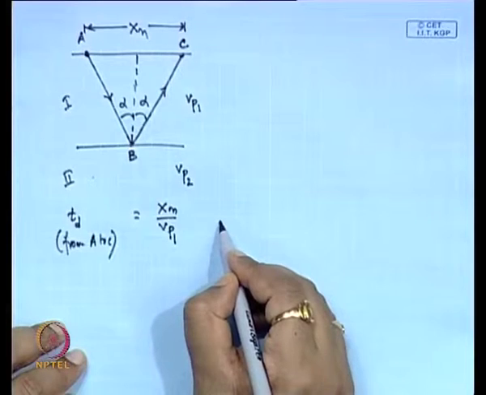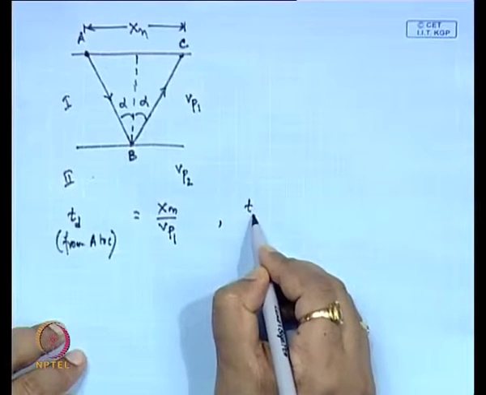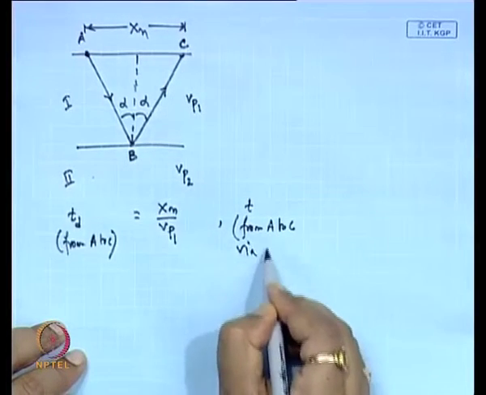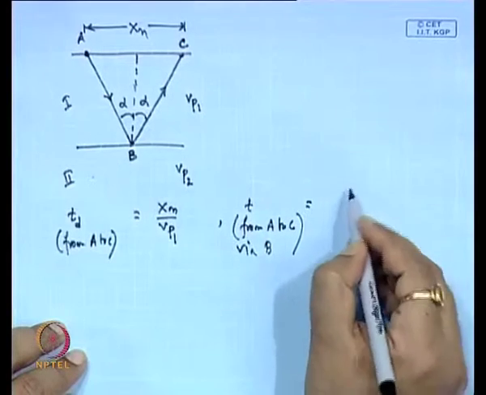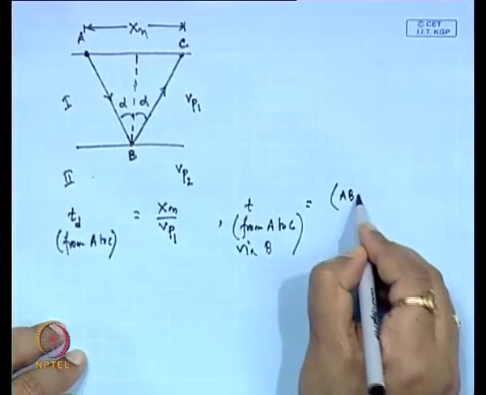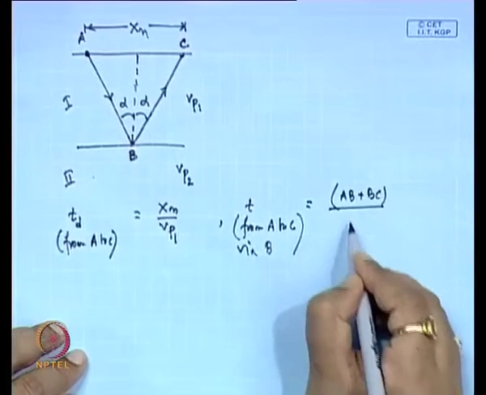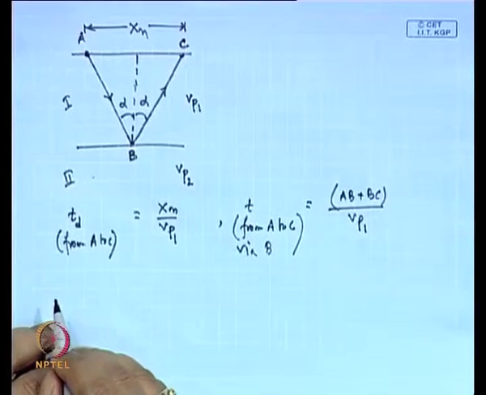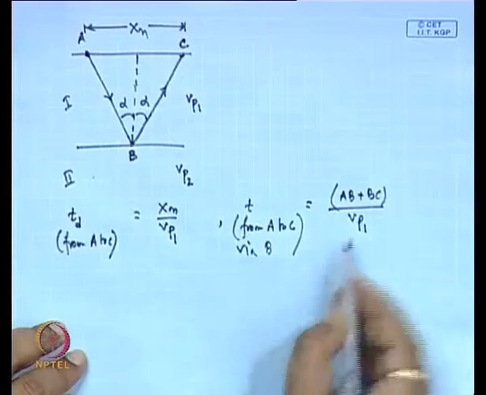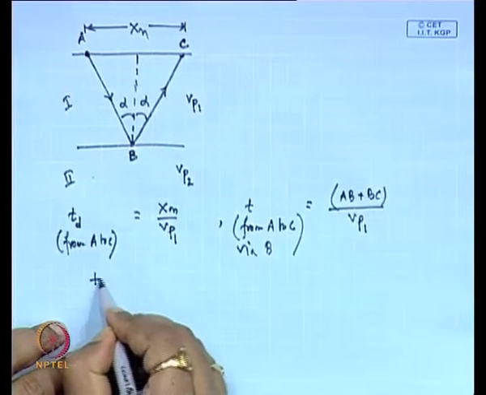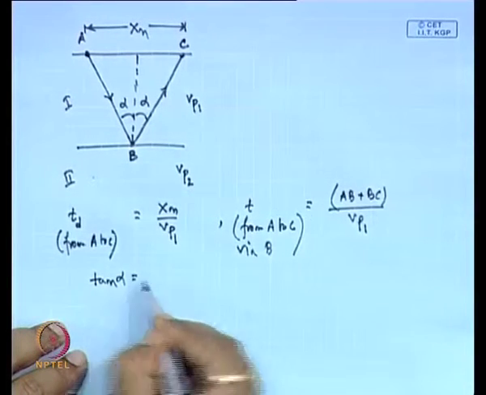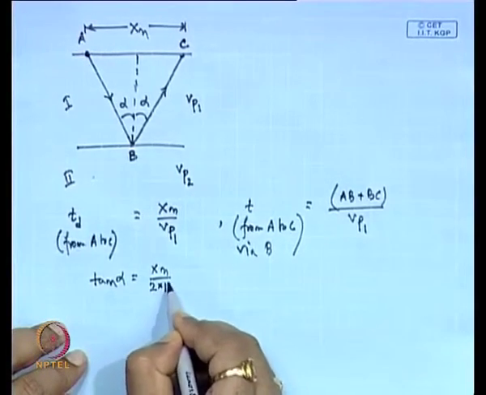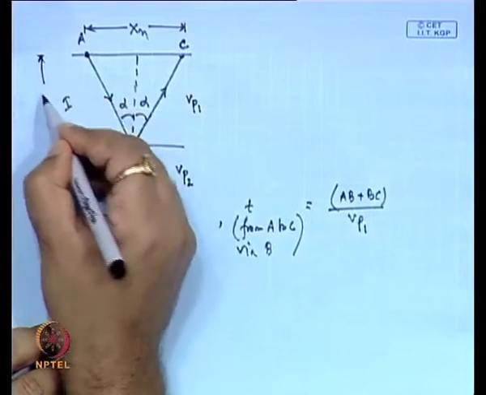And the time required to travel from A to C via B is A B plus B C divided by V p 1. So, now we can write that tan alpha will be equal to x n divided by 2 into h. Suppose the thickness of this layer is h.